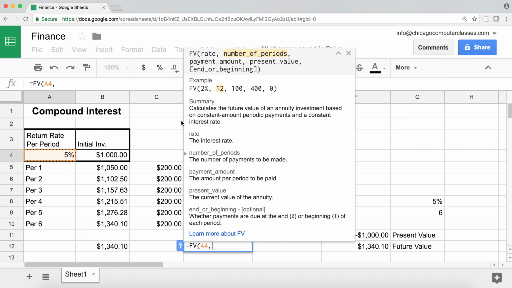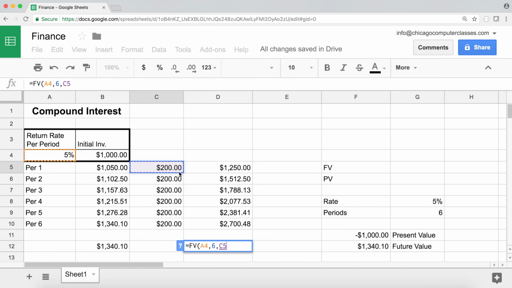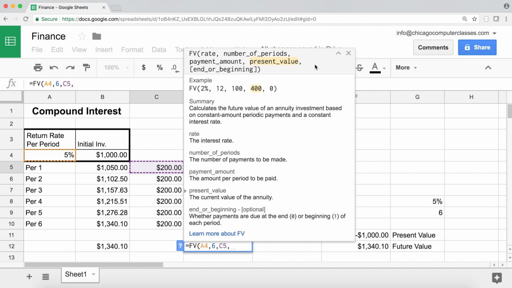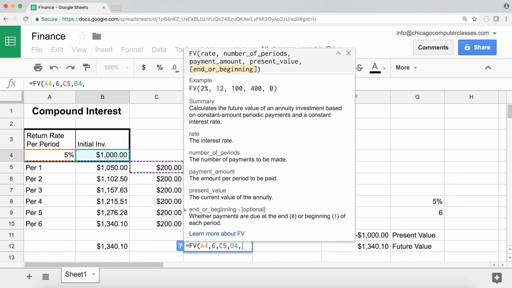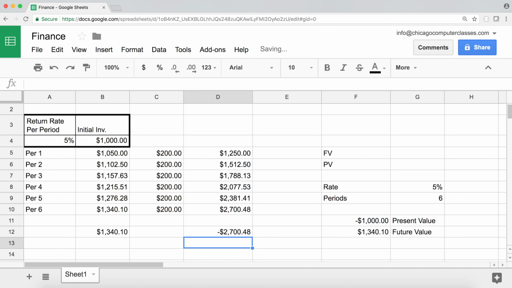I'm going to have my number of periods, which is 6. I'm going to have my payment amount, which is the payment amount I have, comma. I'm going to have the present value, which is 1,000. And finally, that should do it. So $2,700 and 48 cents.